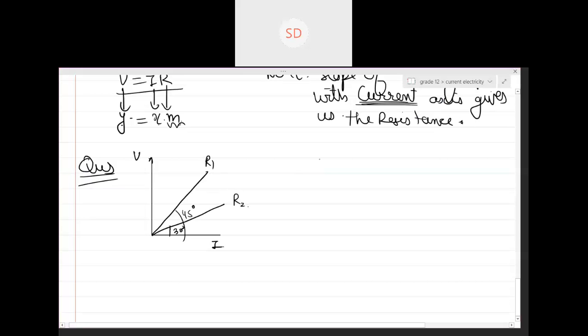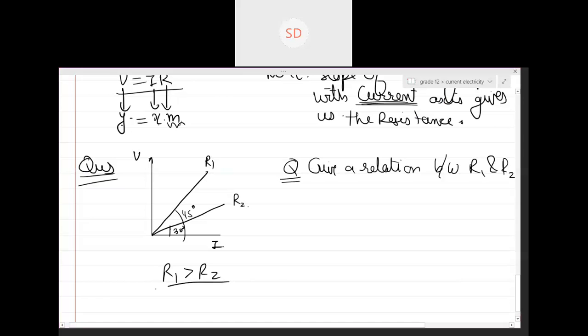Can anyone give me a relation between R1 and R2? First of all, oral question. Tell me which is greater, R1 or R2? R1 is greater because this line has more slope. It is more straight, right? So hence, first of all, the basic relation is R1 is greater than R2. Can you see?